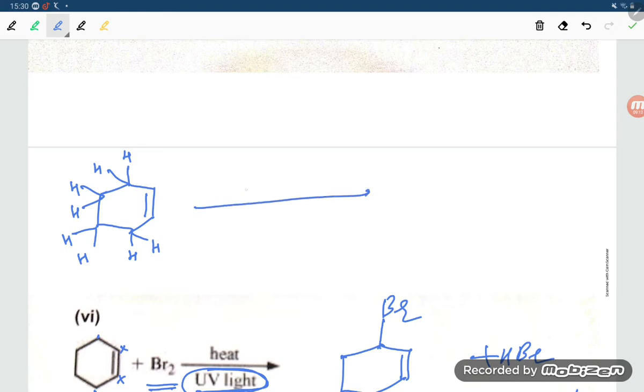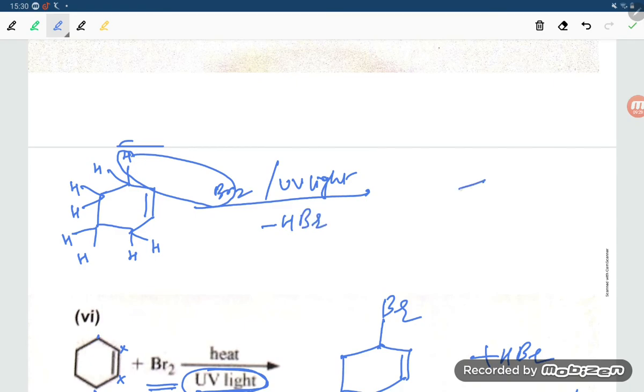Now you are treating with Br2 but with UV light, and UV light means substitution. So one hydrogen and one Br will go out as minus HBr, and the remaining Br will attach here. So this compound will form: this is the Br and here is the double bond. This is our required answer.